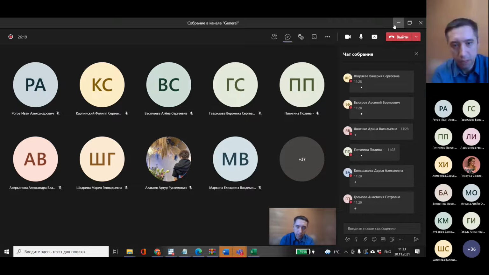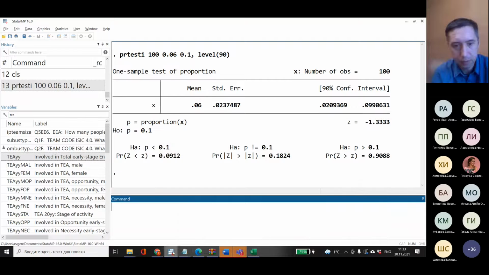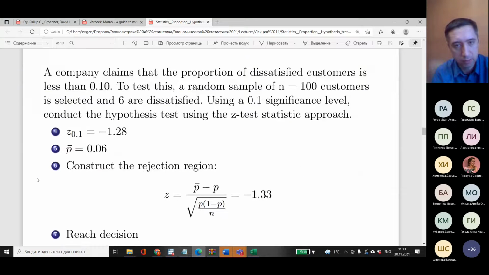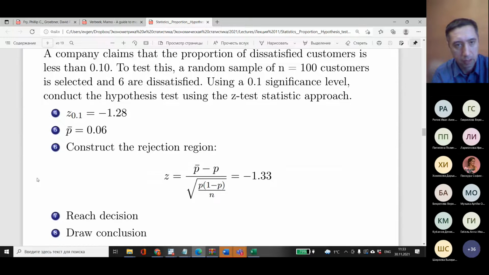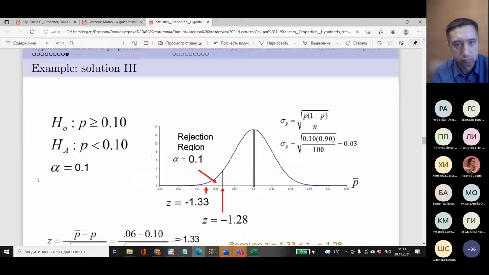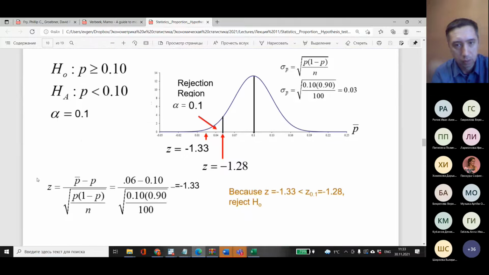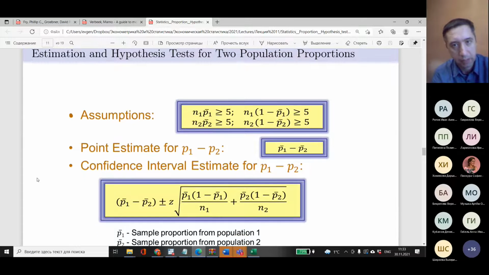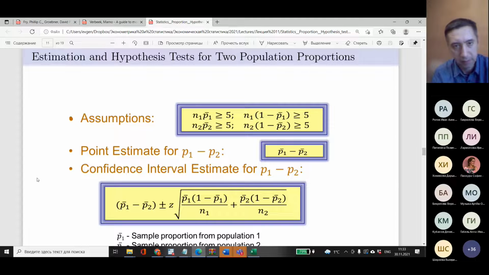So now we have to go on, and we should discuss the same example, assumptions and two sample tests. First, please remember, when we work with hypothesis tests, especially with proportions, we should check whether our sample is sufficiently large.